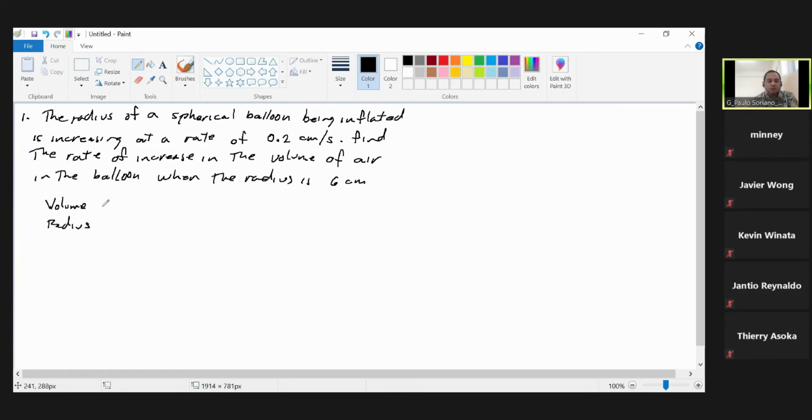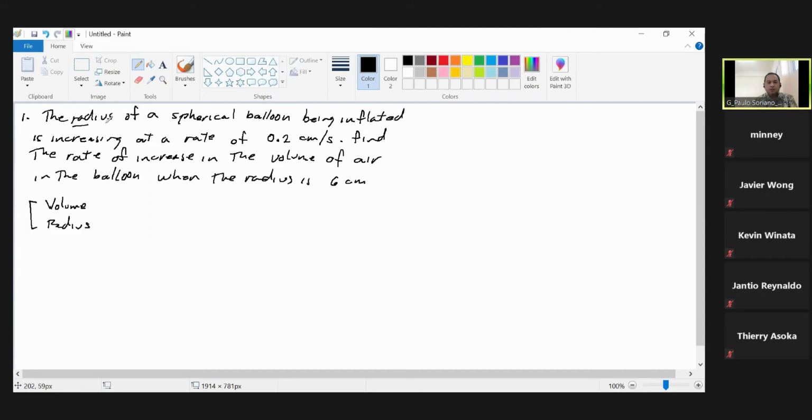Volume is a different unit compared to a radius, right? So we need to find a way to relate volume with radius so that we can do our calculations. First of all, what information is given to us here?